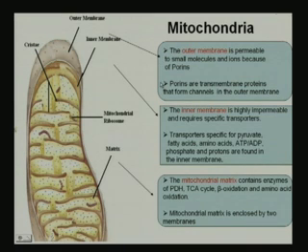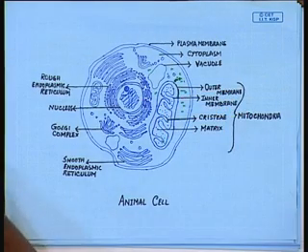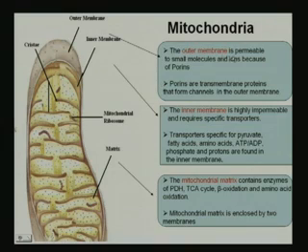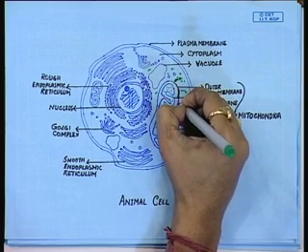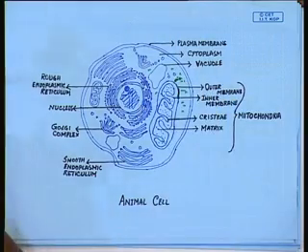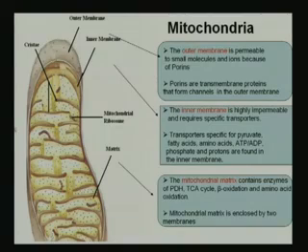Now, if we see the outer membrane of this mitochondria, we can find that it is permeable to small molecules and ions because of the presence of proteins called porin proteins. Porin proteins help the transportation of some ions and small molecules through this outer membrane.